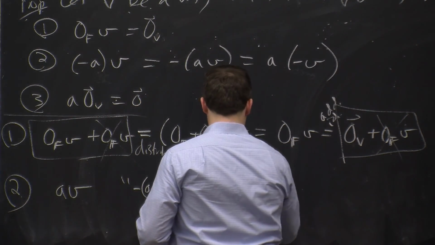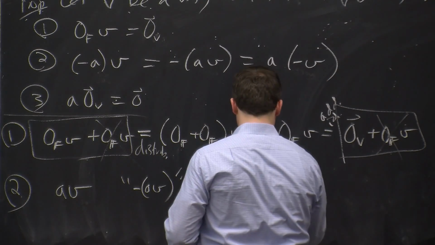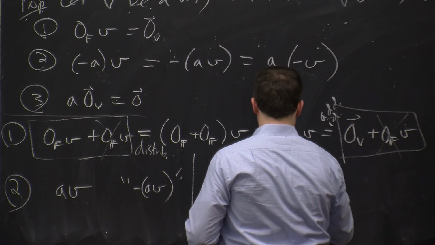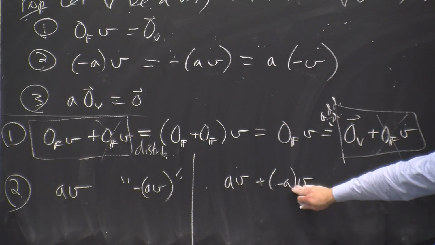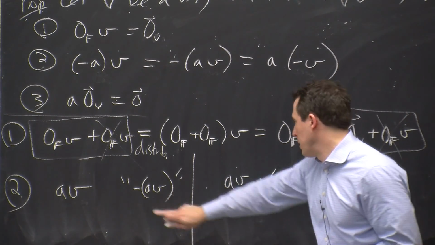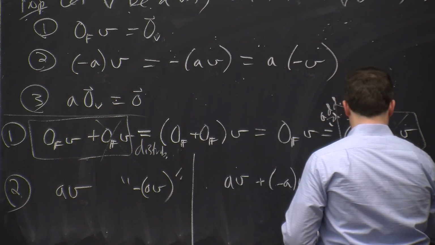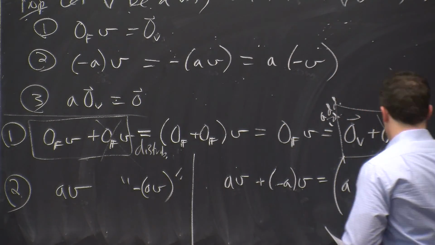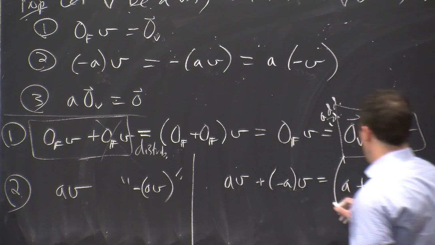We'll say that AV, the thing we want to cancel, plus minus A times V. So we want to show that this quantity is equal to 0. That will prove that this is as good an additive inverse as any for that, and therefore it must be equal to this. So that's equal to A plus minus A of V by the distributive property.